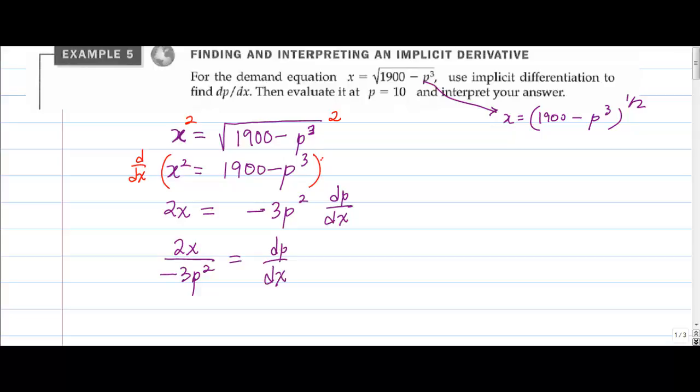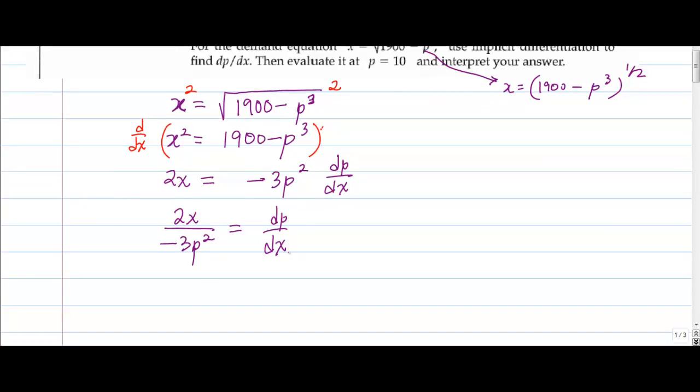Okay. So now, that's it. That is dp dx, dp over dx. It says evaluate it at p equals 10. So at p equals 10, but I don't have x, do I?